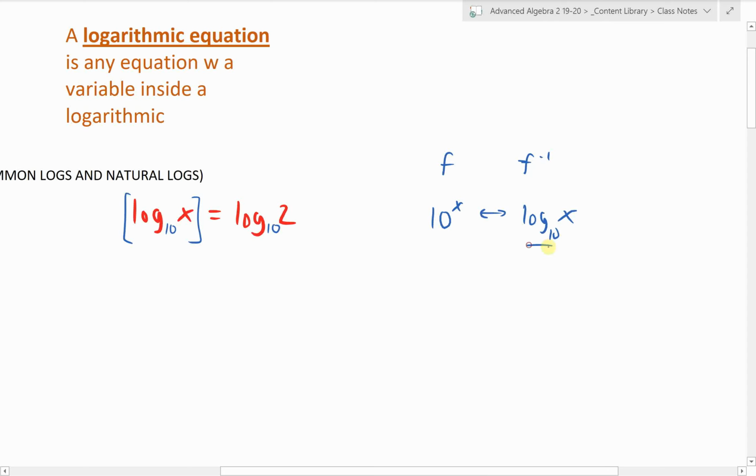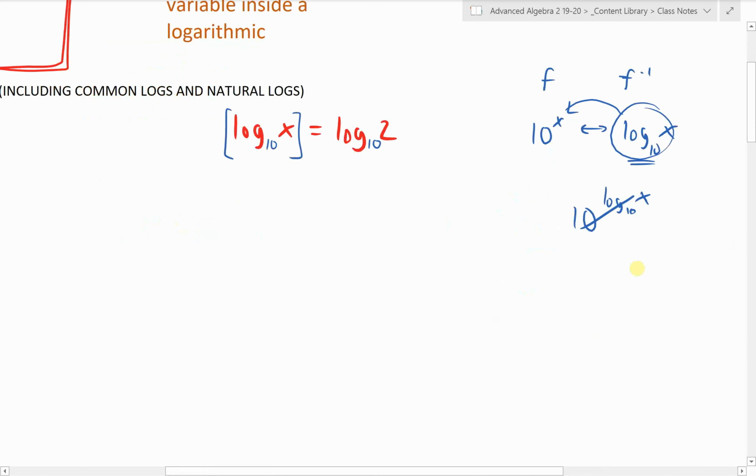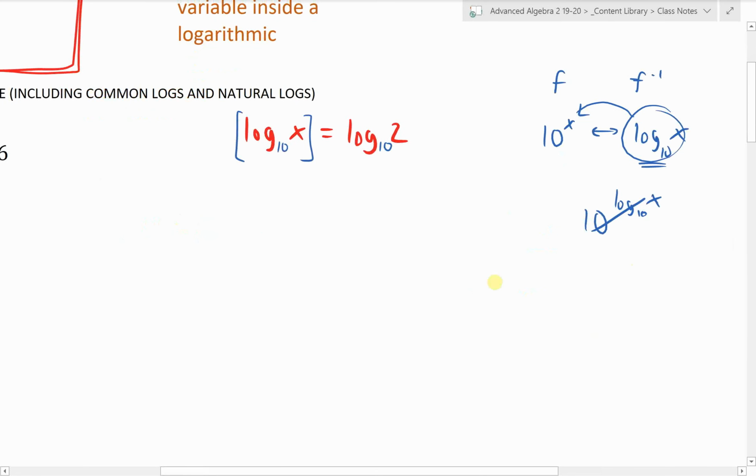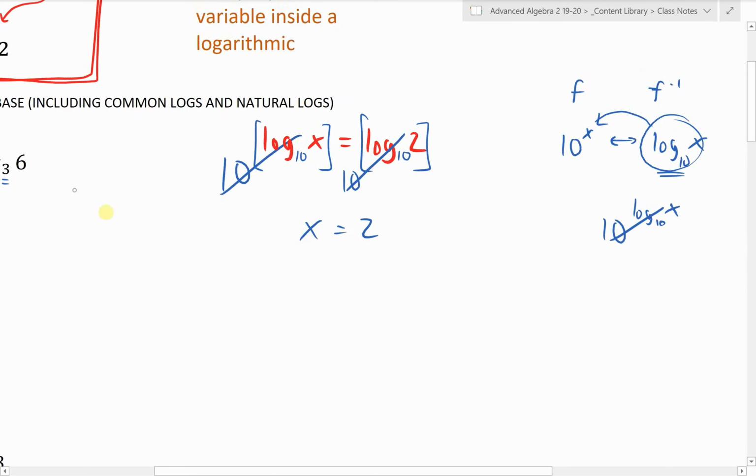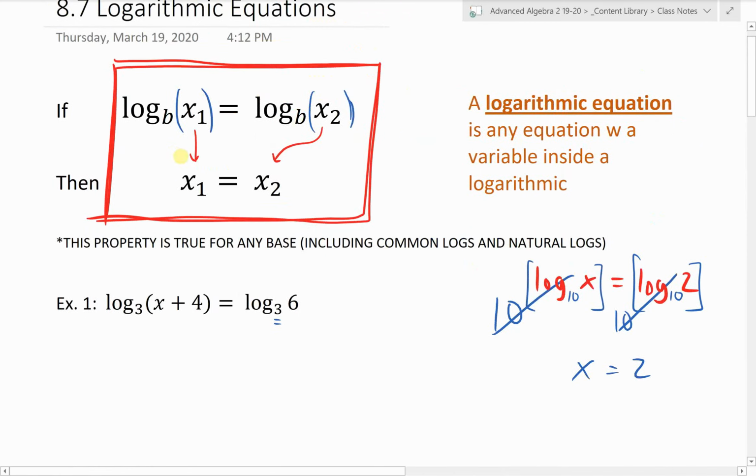So if I have log base 10 and I want to undo it, I'll apply it as a power of 10, and the log base 10 and base 10 cancel each other. So right here, to solve this equation, we're just raising both sides as powers of 10. The log base 10 will cancel the 10, and we'll be left with x equals 2. So that is algebraically why this rule is true.